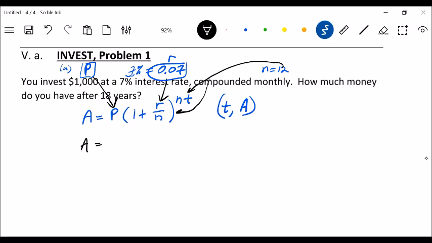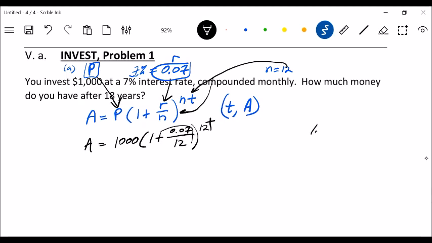So A is equal to $1,000, 1 plus 0.07 over 12, and then 12T, because we don't know what the T is. 12 is the N. And now we would do some calculating. You can put this in the calculator and you would get 1.005833.